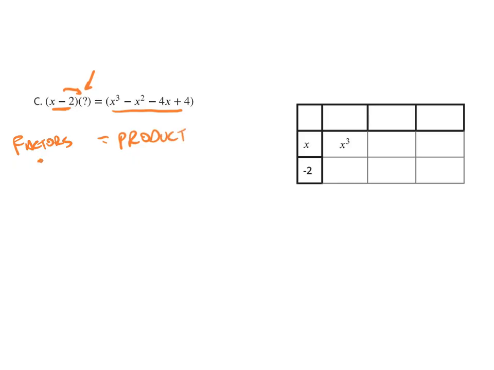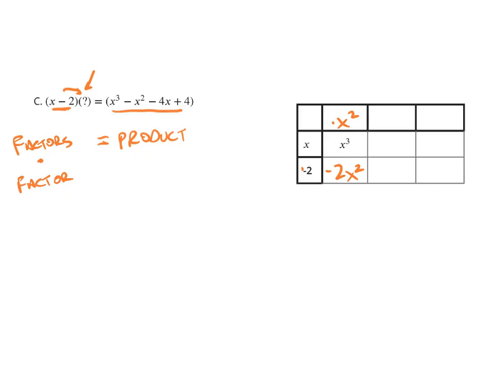A factor times a factor, or factors times a factor, makes a product. So let's see. We have to ask ourselves, what times x makes x cubed? x squared times x makes x cubed. Then you've got to multiply here and there. x squared times negative 2 is negative 2x squared.